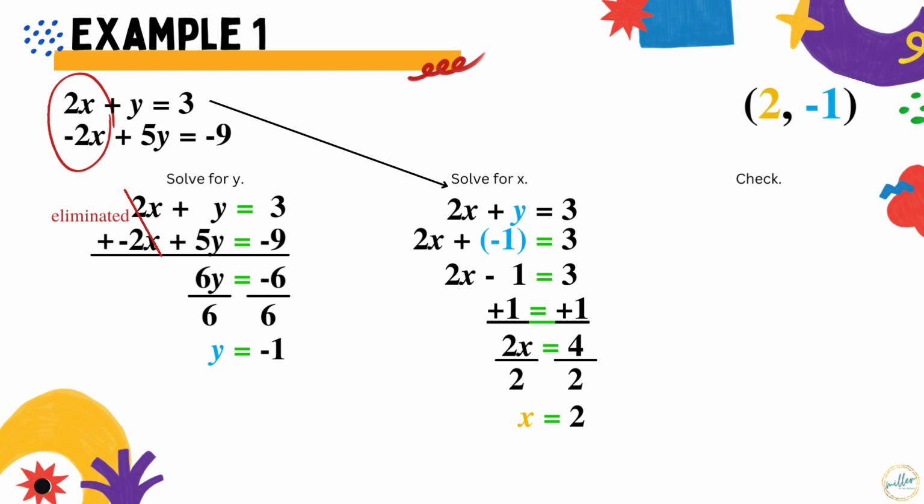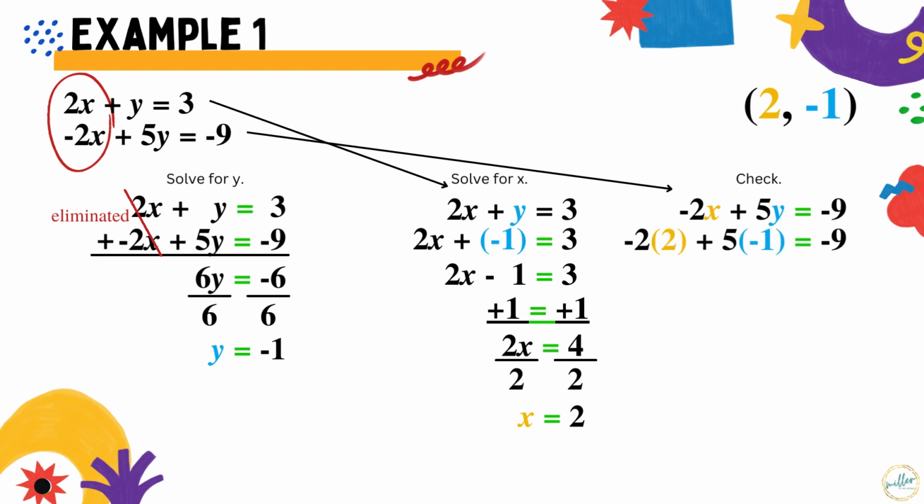But we need to check to make sure that the solution works in both equations, not just the one that we used to solve for x. So let's use the other one, negative 2x plus 5y equals negative 9. And this time we can substitute both our x value and y value in and see if our equation works out to be true.